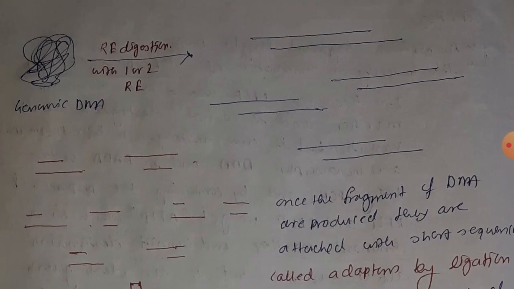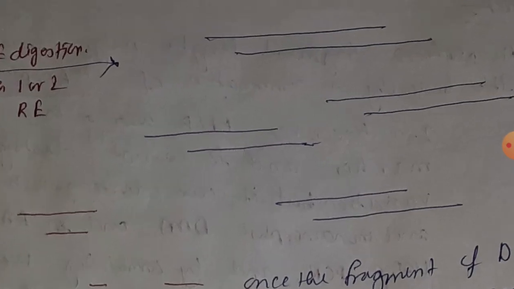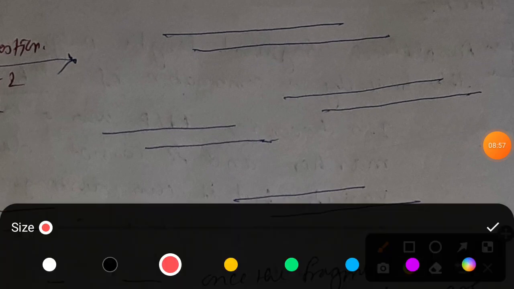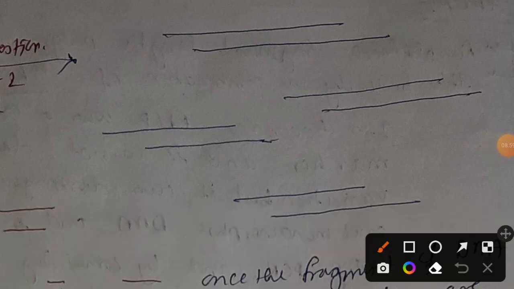Now, as I have told you, we are going to apply a specific PCR, so it is important to understand the sequence, right? We will apply a trick: we will use adapters. Adapters are nothing but short DNA sequences which are ready-made staggered ends.